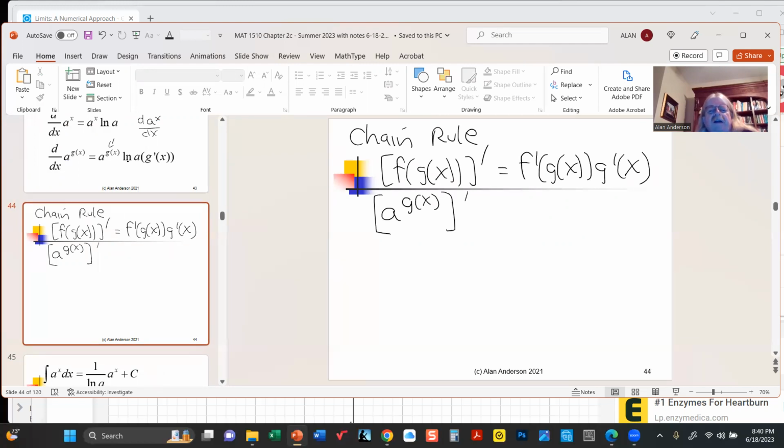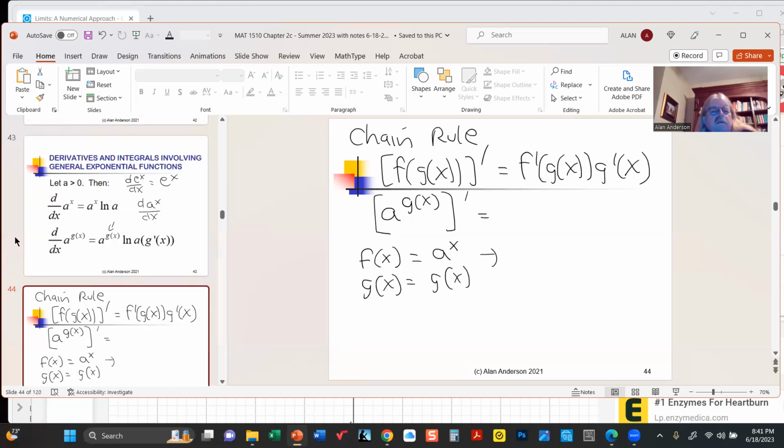So if you allow f of x to be a to the x, and g of x is simply g of x, let's see.